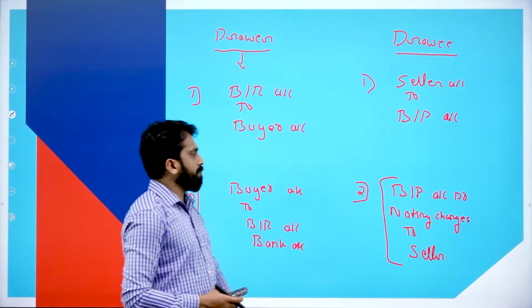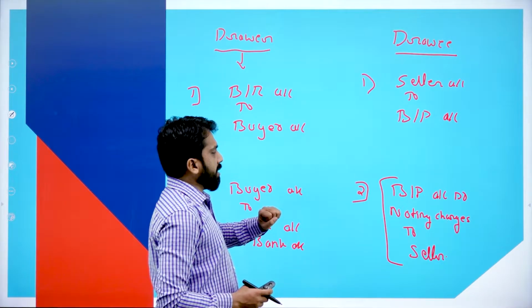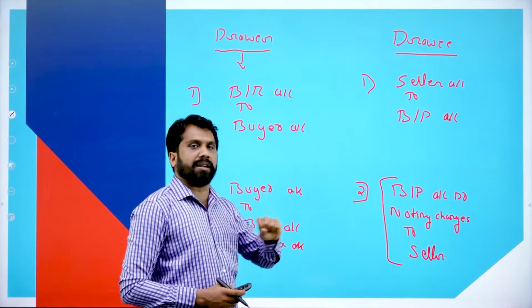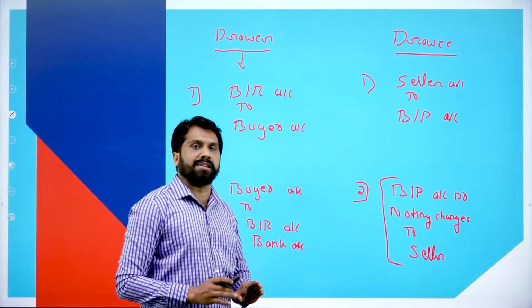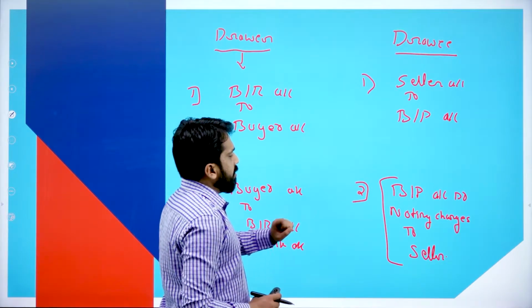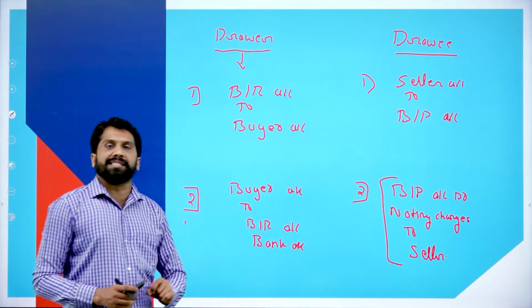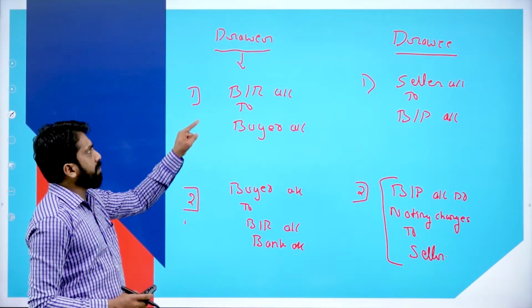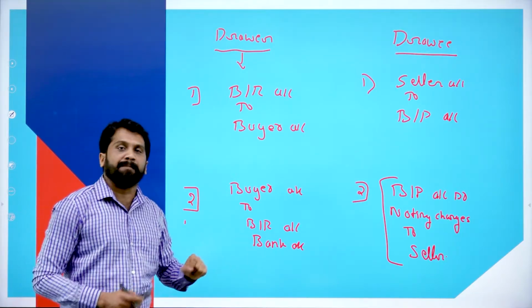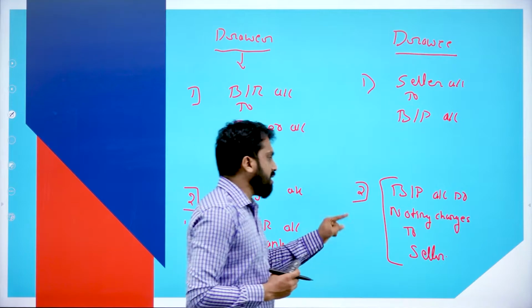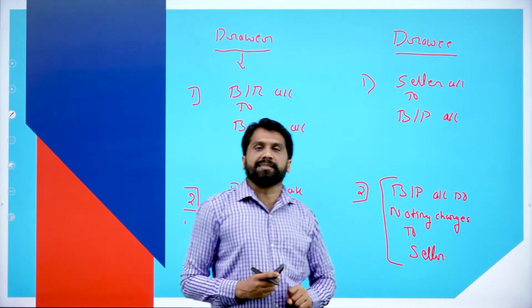Again, I will repeat. Bills payable account debit, noting charges account debit to seller account. Now, in this, noting charges and bank are both the same. But in the books of the drawer, we call it bank. In the books of the drawee, we call it noting charges.